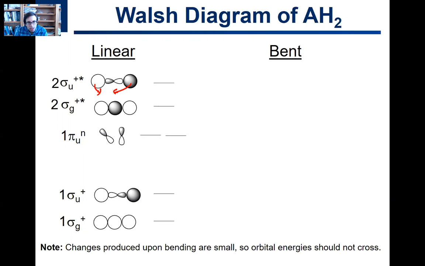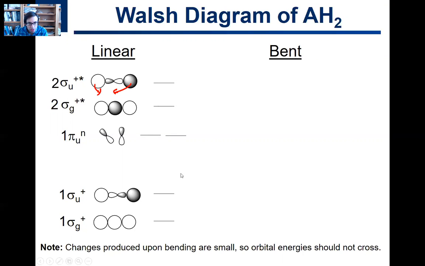So before we get started, looking at those 3 rules, just one thing I want to note is that whatever changes do occur, these orbitals are going to be raised or lowered in energy. Generally, the orbitals are not going to cross. The changes are not going to be big enough that you're going to have a change in the order of the energy of the orbitals, okay?